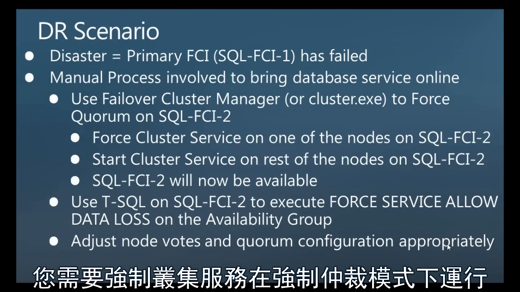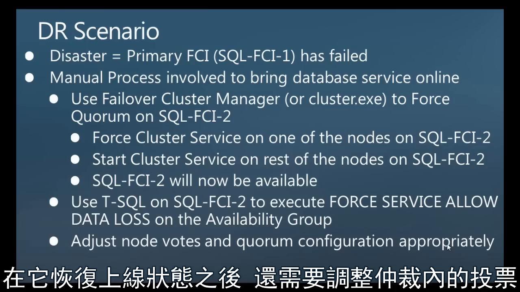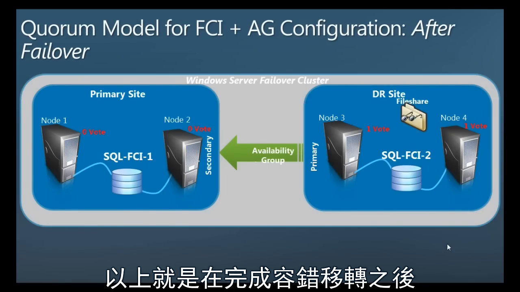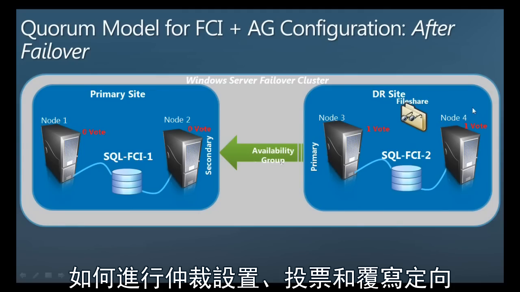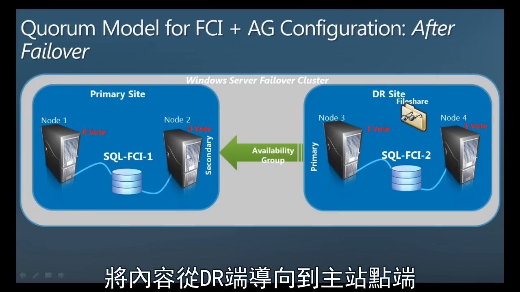You need to force the cluster service to run in the forced quorum mode, and you need to force the AG to start with allowed data loss. After running the command line, you need to adjust the votes in the quorum. Here is how the quorum settings, votes, and the replication direction look after the failover. Now you're replicating from the DR side to the primary side.